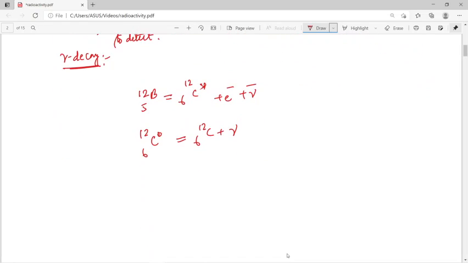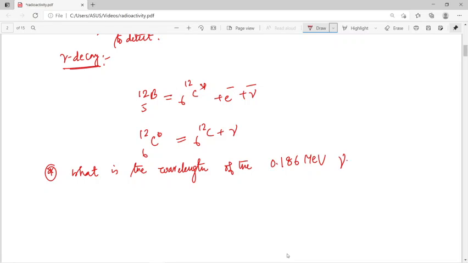If a question comes like this: what is the wavelength of a 0.186 MeV gamma ray photon emitted by radium-226?